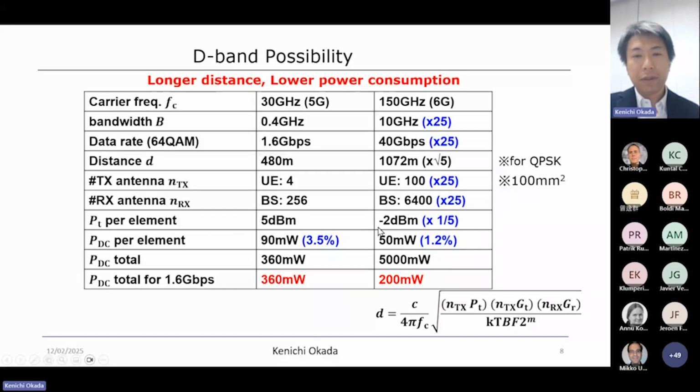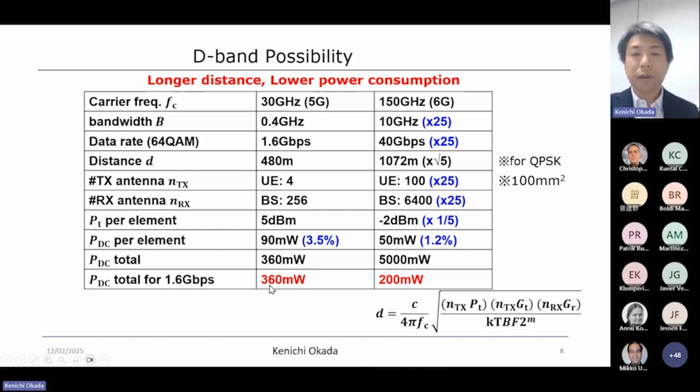Even decreasing the transmitting power from each power amplifier, the total power consumption becomes 500 milliwatt. But on the other hand, if we use some duty cycling operation, if we need only 1.6 gigabps, then for a long time this kind of transmitter can be turned off to save power.